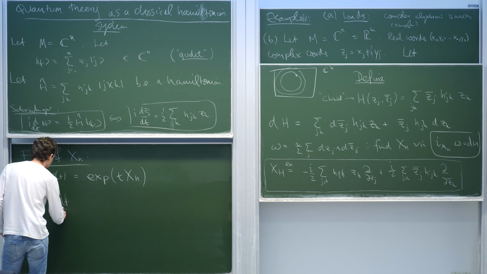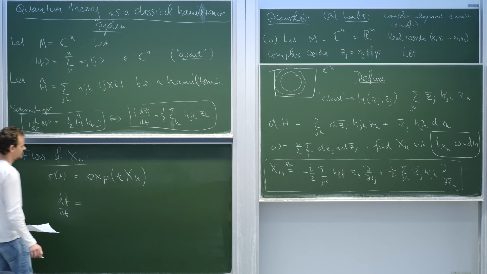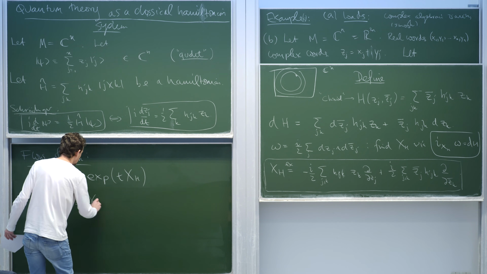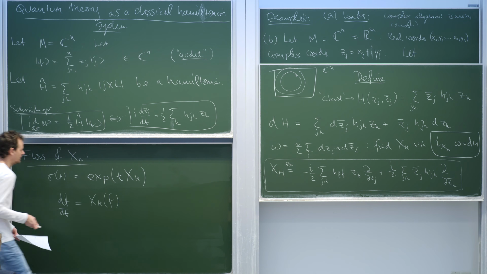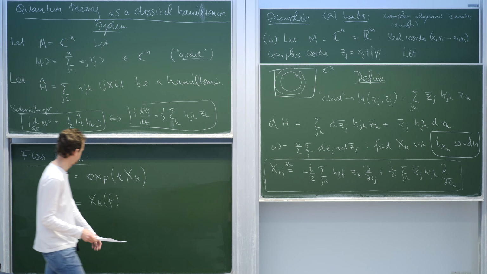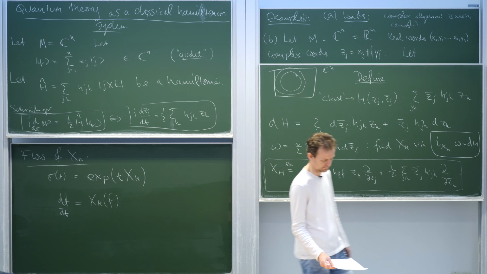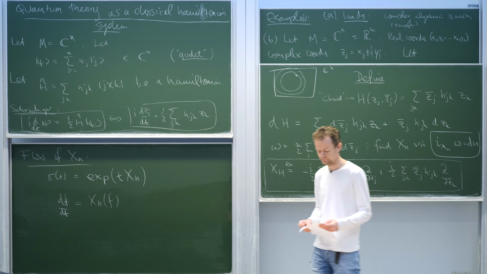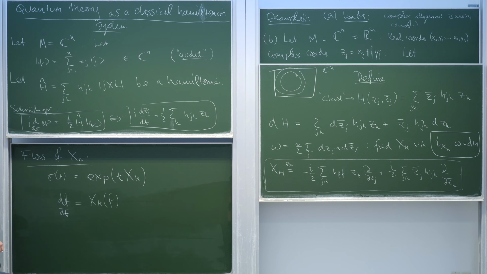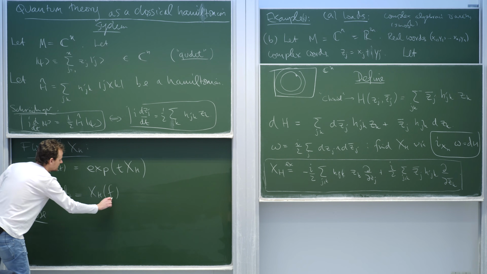If you have some function and you want to see how it changes under this flow, then we know it has to obey this equation of motion. And what we're going to do now is just choose f, which depends on t here.